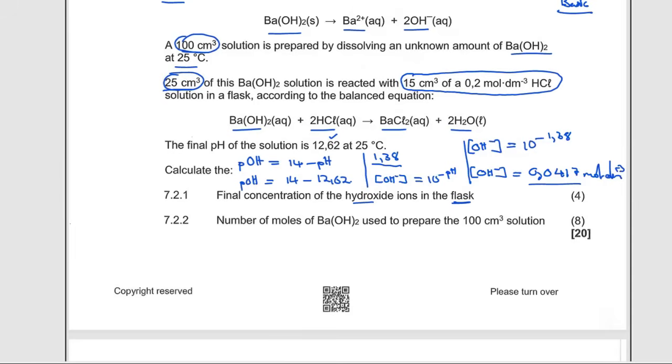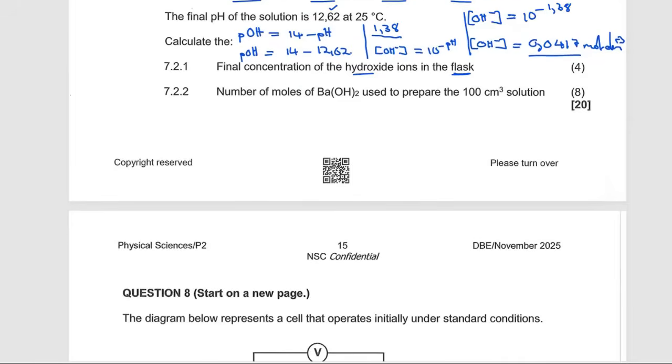Then moving on to 7.2.2, they are asking to calculate the number of moles of barium hydroxide used to prepare 100 cubic centimeters of the solution. For this, I can use a fresh page.